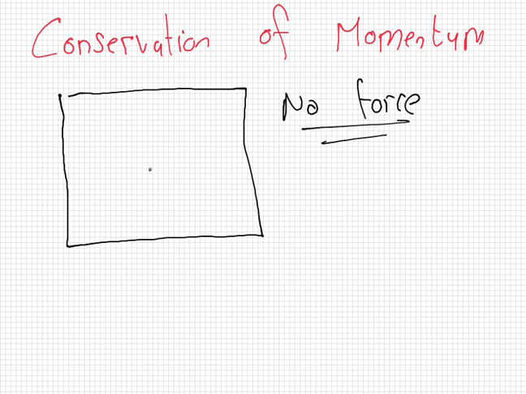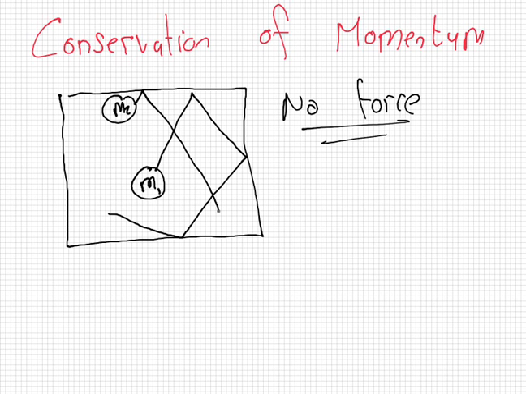Focus up here. So here's a mass, and it's just moving around. And then here's a mass, say M1, M2, and it's just moving around here. And then maybe there's another mass here, M3, and it's all moving around. And sometimes maybe they hit into each other.